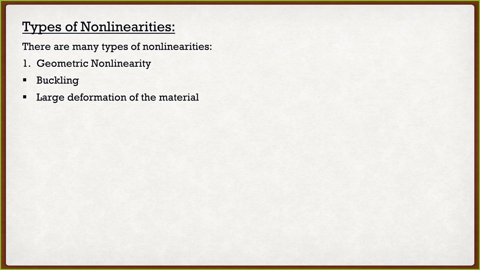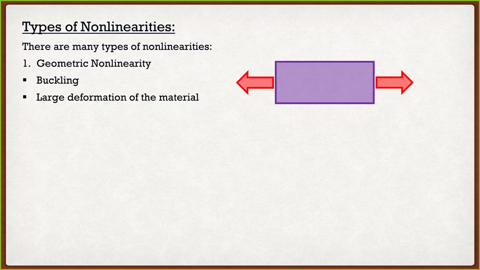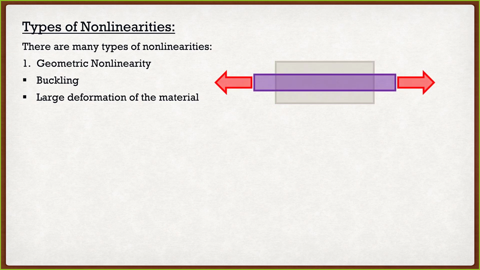Another one is, of course, large deformation of the material. If we were to start deforming that material, we need to take into account the change in the material or the geometry. Couldn't say that word for some reason. But we have to take into account that geometry. For example, if I were to have a bar right here, just a nice easy bar, and I were to start pulling it, we know just by intuition that it's going to look something like this.